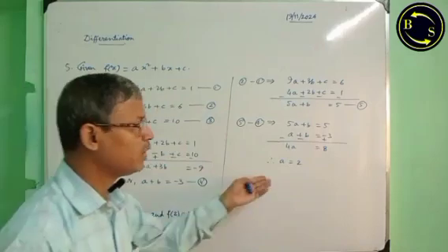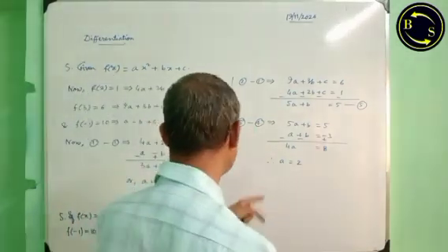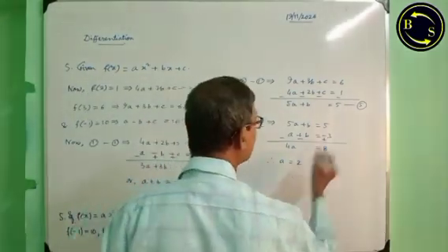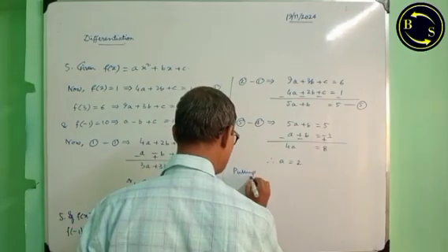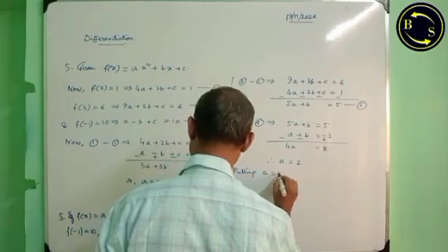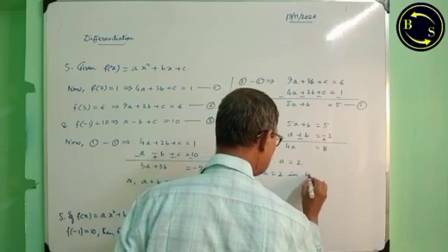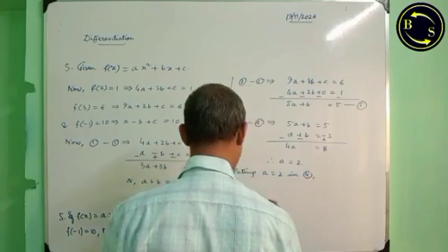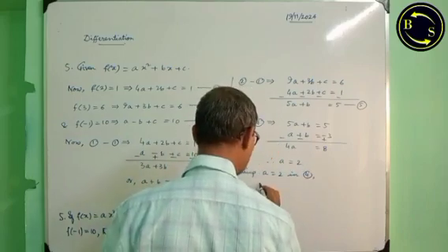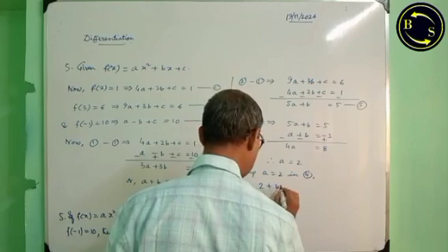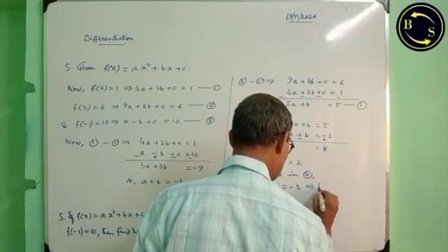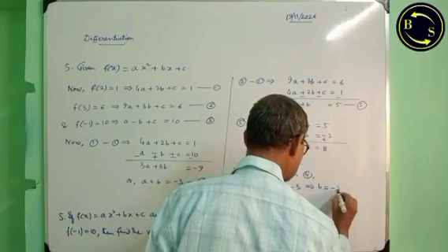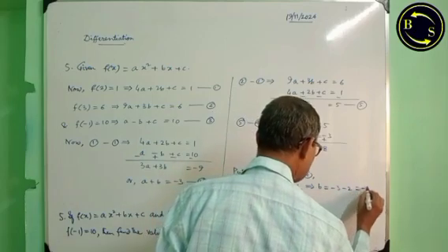At last we have got a equal to 2. Now we put that value in 4 or in 5. Putting a equal to 2 in 4, 2 plus b is equal to minus 3. From that b equal to minus 3 minus 2, that is minus 5.